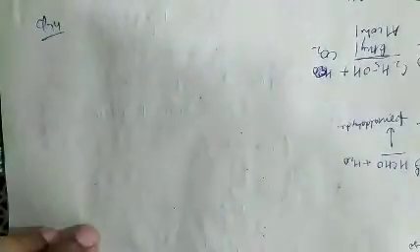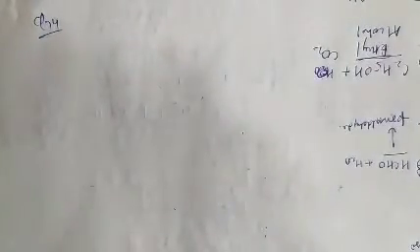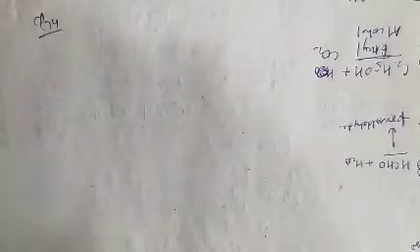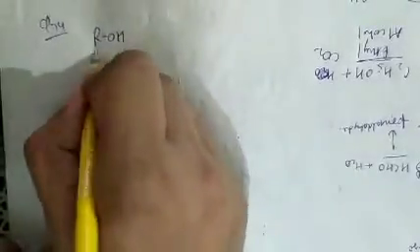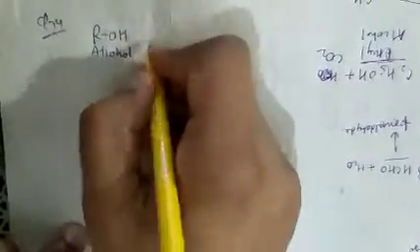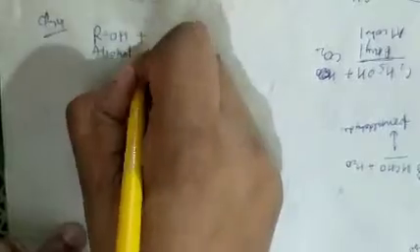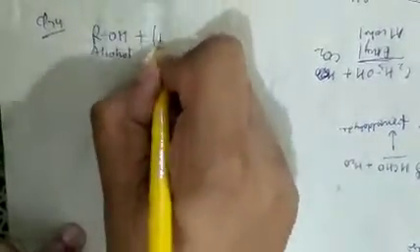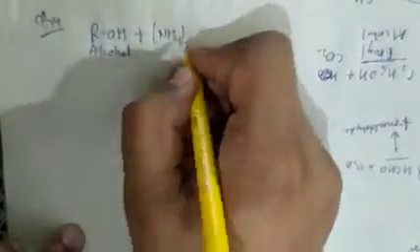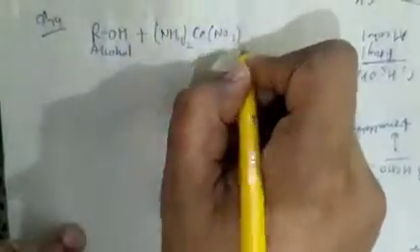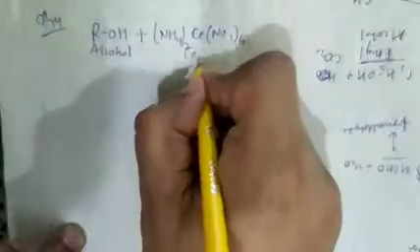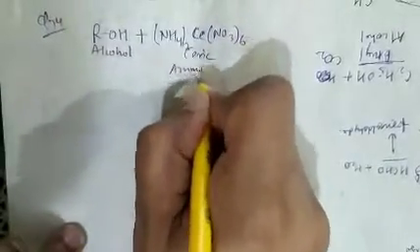Question number 74 is the compound A when treated with ceric ammonium nitrate gives yellow ppt. The compound A is, as we know that when alcohol reacts with ceric ammonium nitrate, which is basically (NH4)2 Ce(NO3)6, this is ceric ammonium nitrate.